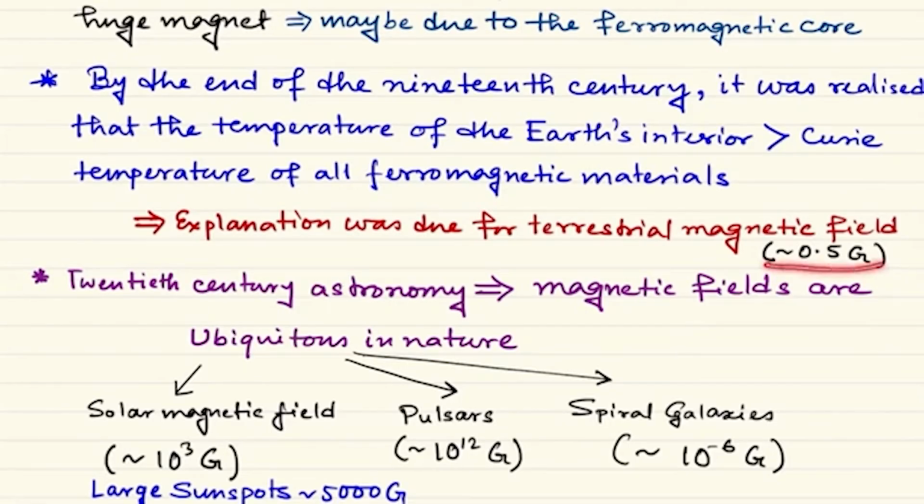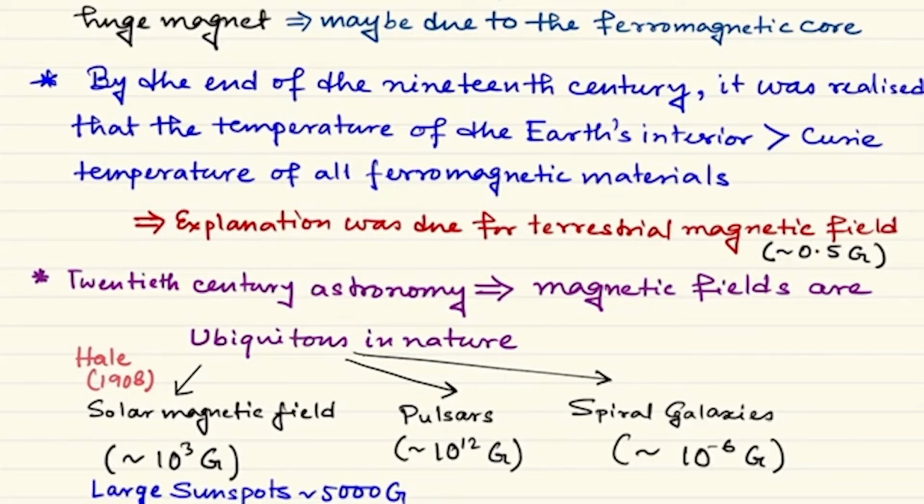Other than this terrestrial magnetic field, three instances are of very much interest. That is the solar magnetic field, because of Hale in the year 1908. I already have discussed this person, 1908. While discussing the sunspots, he for the first time concluded that sunspots are regions of extremely strong magnetic field.